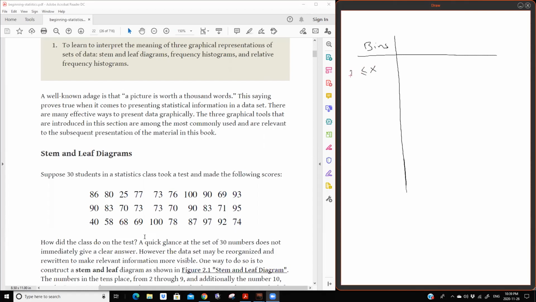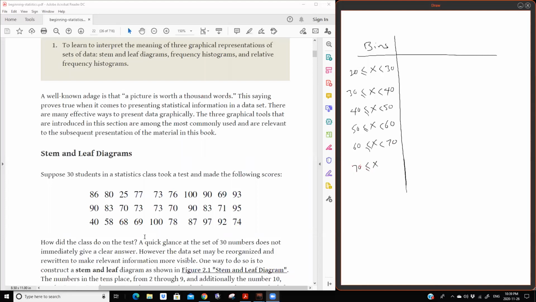For example, you can say all the x's that are greater than or equal to 20 and less than 30, they go in the first bin. And all the data that are greater than or equal to 30 and less than 40, they go to the second bin. And then all the data that are between 40 and 50, they go to the third bin. Greater than or equal to 50, less than 60, the next bin. Greater than or equal to 60, less than 70, next bin.